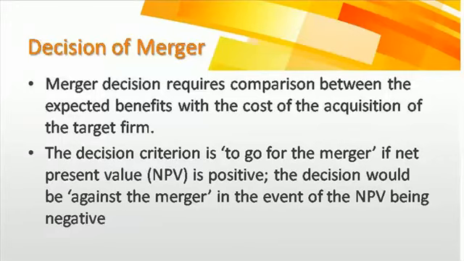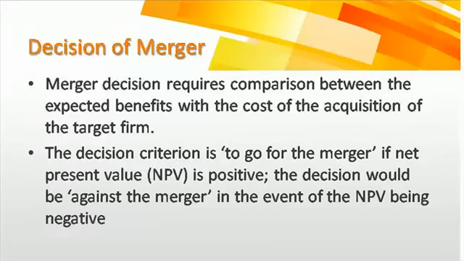As we are analyzing the target company according to capital budgeting, we will be calculating the net present value. Depending upon its value, the acquiring company will decide to go for a merger or go against the merger.